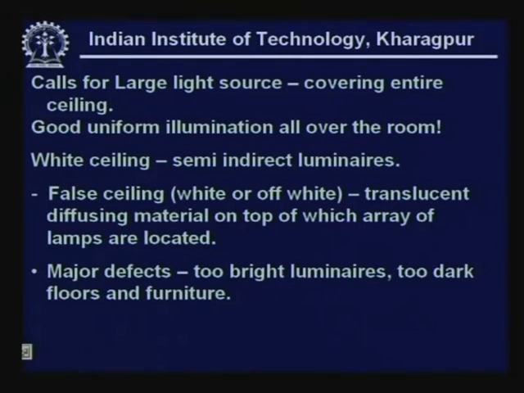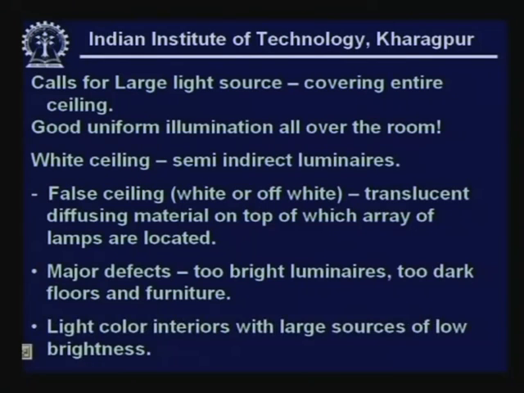Now if you look at it, apart from the glare, another defect is to use very bright luminaires with dark floors and dark furniture. Recall the ratio which we have suggested between the darkest to the brightest should be 10:3:1.